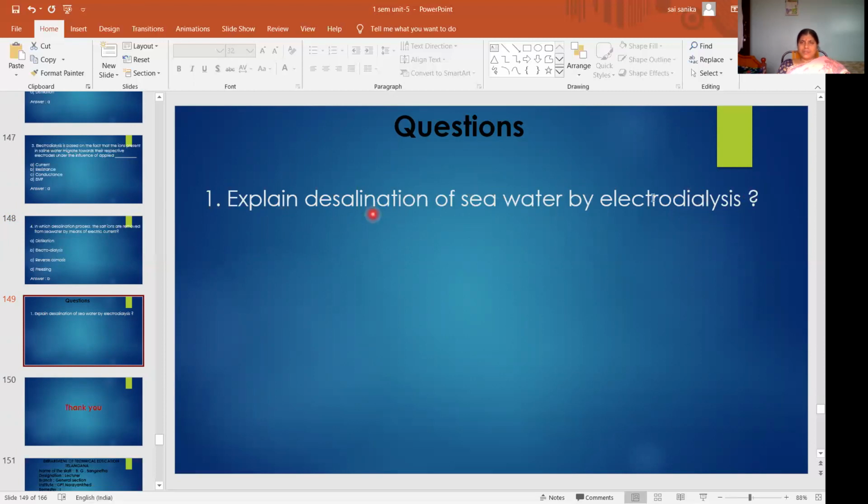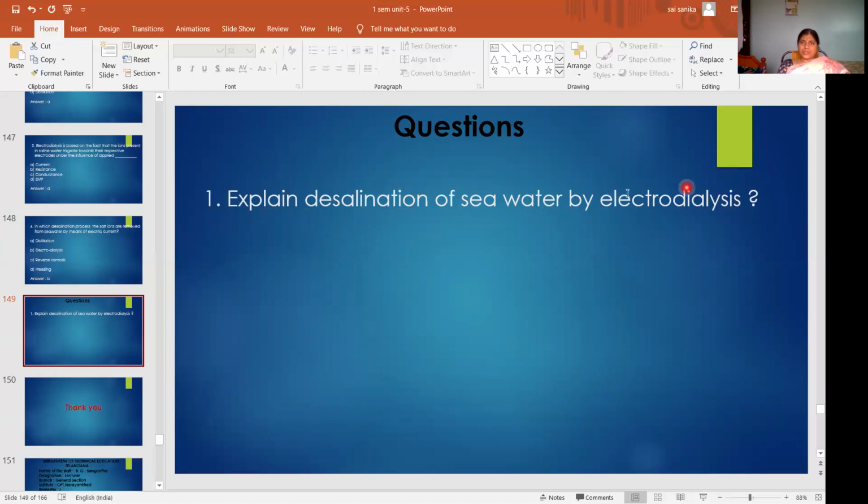They can also ask what is electrodialysis and what is desalination. First of all, you should know what desalination is. The process of removal of salts from seawater in the form of ions is called desalination. What is electrodialysis?